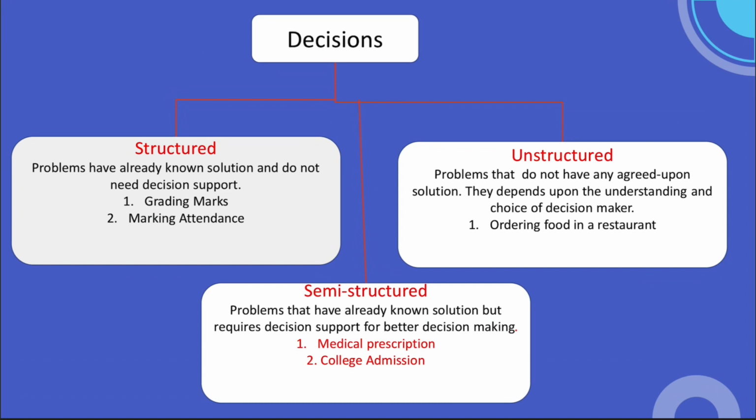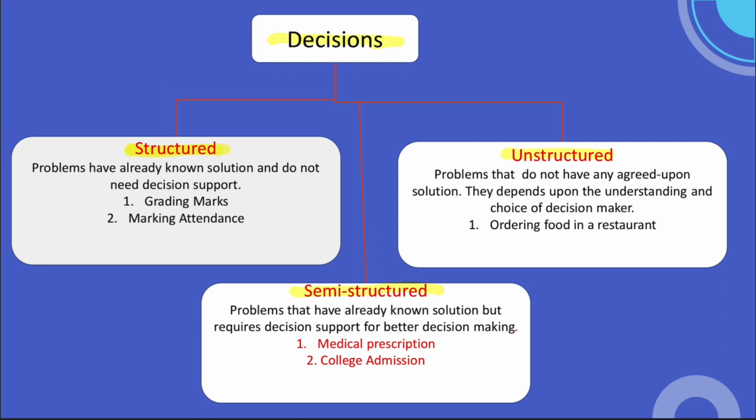Now let's see the types of decisions. Decisions are categorized into three categories: structured, unstructured, and semi-structured. Let's have a look at them one at a time. First, structured.